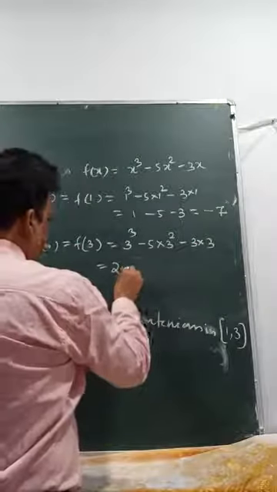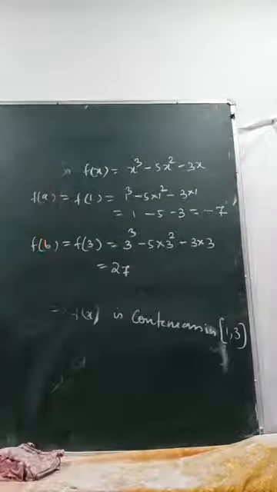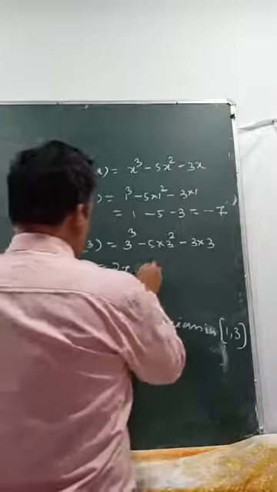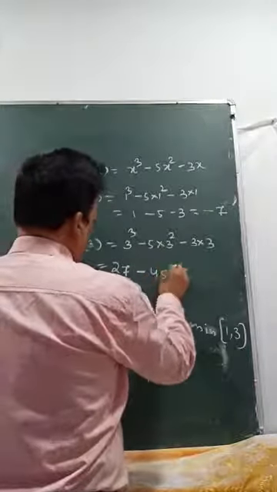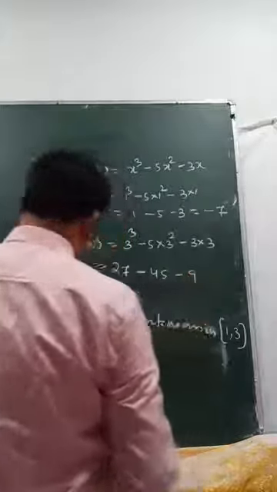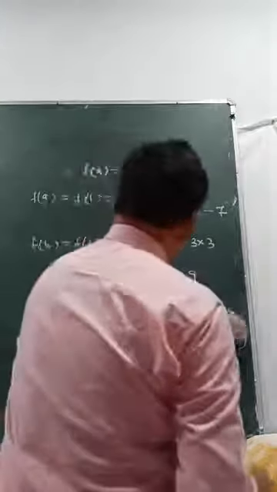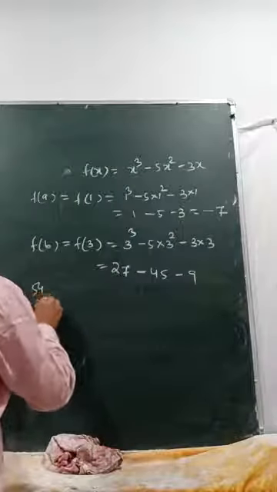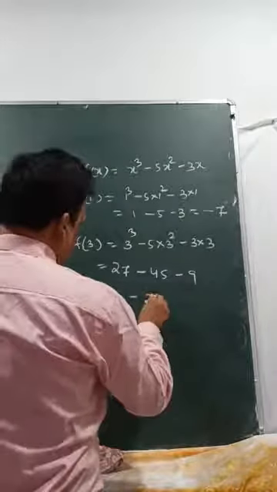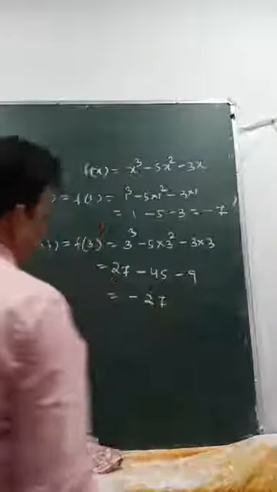This is 27 minus 45 minus 9. So how much do you get? 27 minus 54, so minus 27.